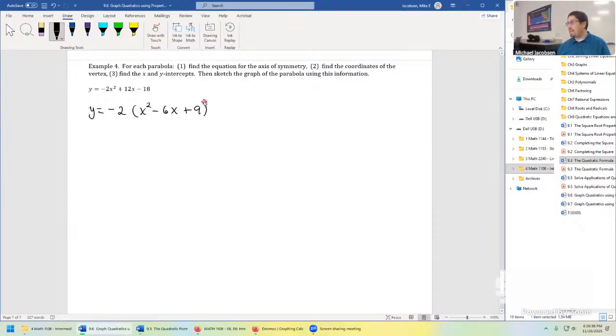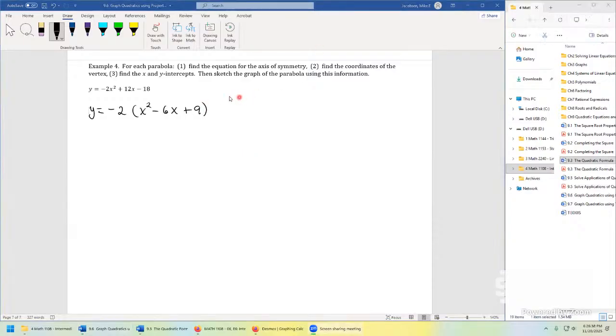Being left behind is now a perfect square polynomial. And so this one is pretty fast to plot. We will get y equals -2. This factors as x minus 3 times x minus 3. So there's the perfect square. So now it's y equals -2 times x minus 3 squared.